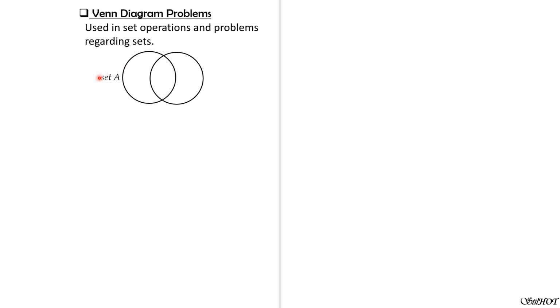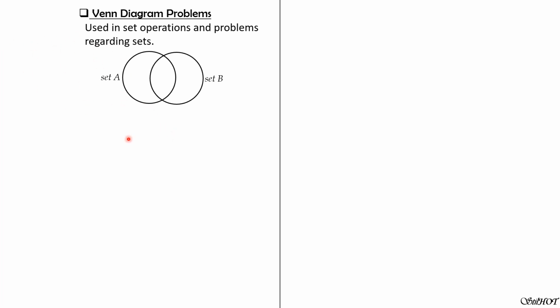If there are elements common to sets A and B, then they intersect. The sets are represented by these circles here.